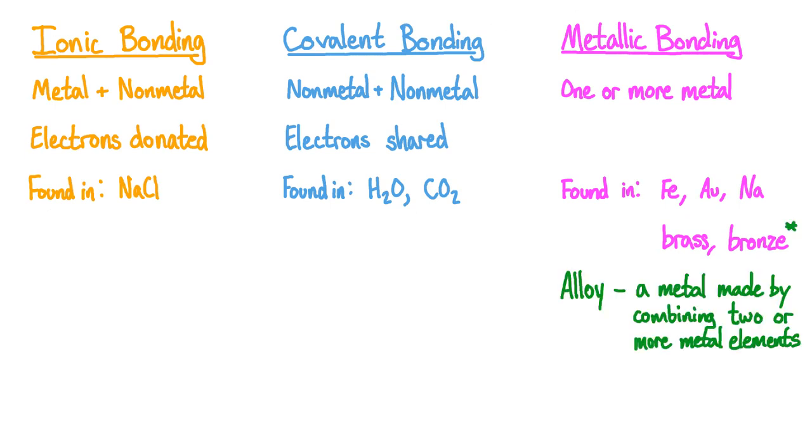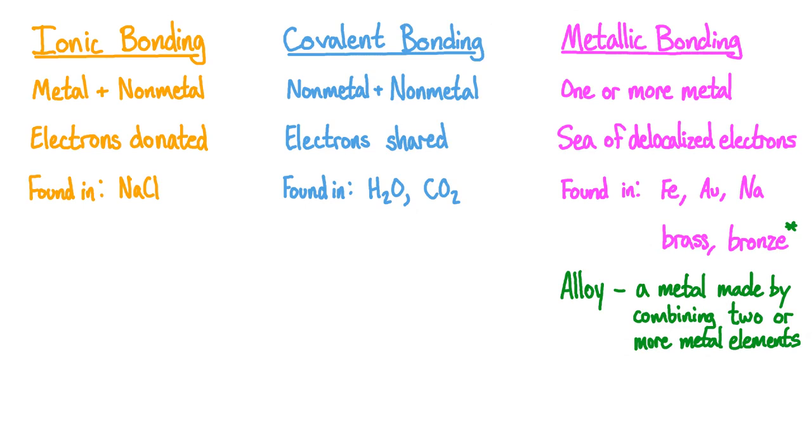We call the metallic substances made of two or more metal elements alloys. The electrons in metallic substances flow freely in what we call a sea of delocalized electrons. Instead of the electrons being bound to a specific atom or shared between two atoms, each atom's valence electrons move around freely in the space surrounding the atom.